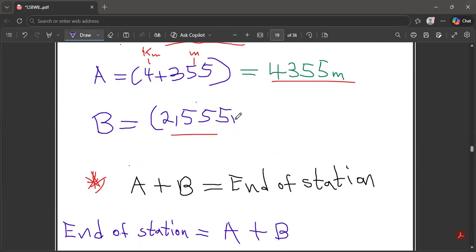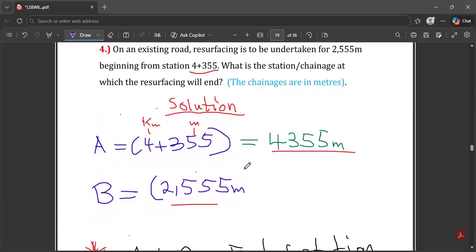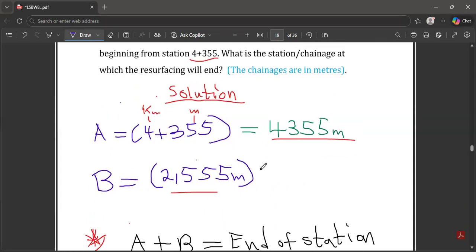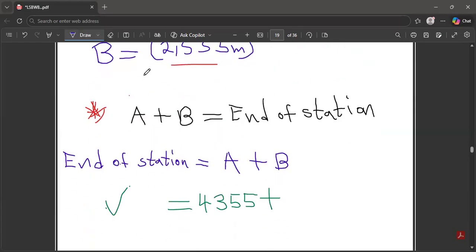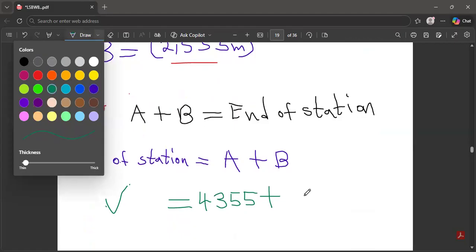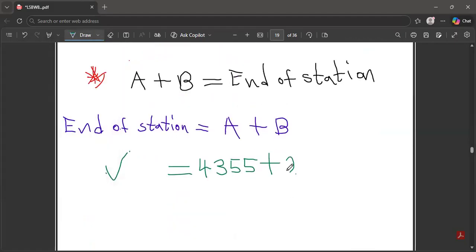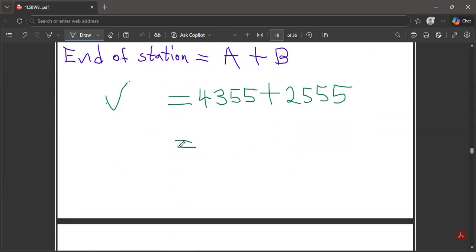It's 1,5, and that is the same as 2,5. So if you add 4,355 plus 2,555, we are going to get 6,910.